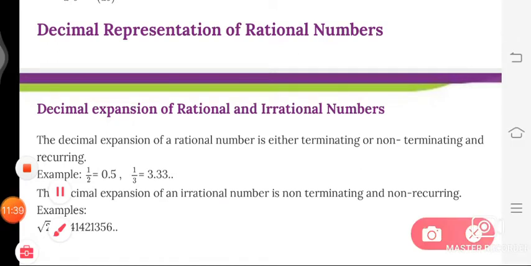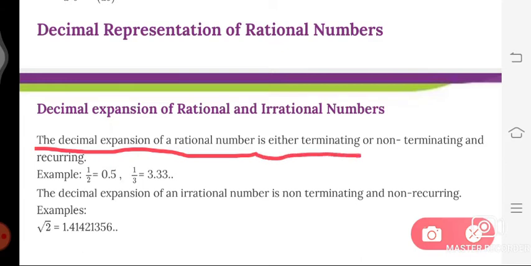Decimal representation of rational numbers. What is the decimal representation of rational numbers? The decimal expansion of rational and irrational numbers. The decimal expansion of a rational number is either terminating or non-terminating and recurring. What is terminating?